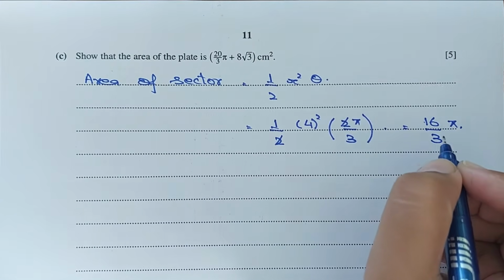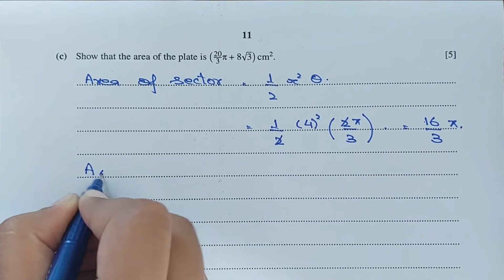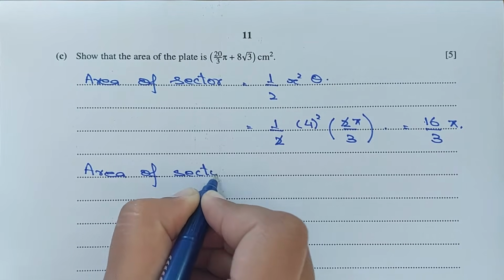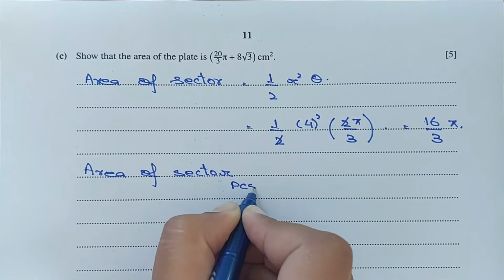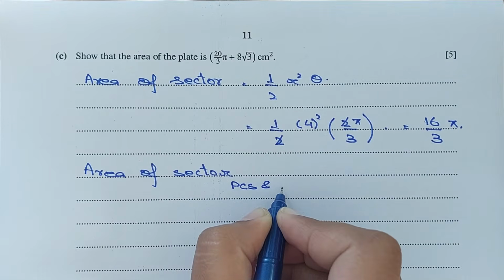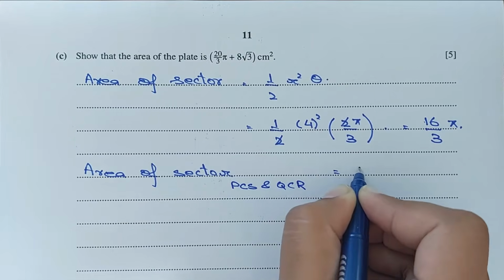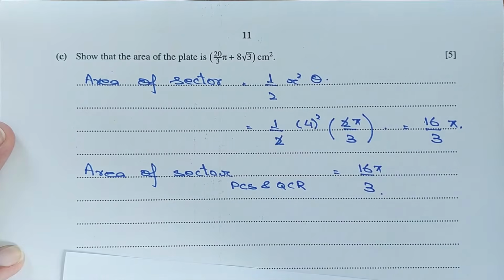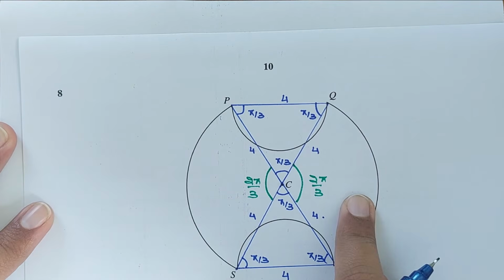So the 2 is cancelled with 2, and 4 squared is 16 over 3 pi. The area of sector PCS and QCR is 16 pi over 3, right? So this sector is 16 pi by 3, and this is 16 pi by 3.